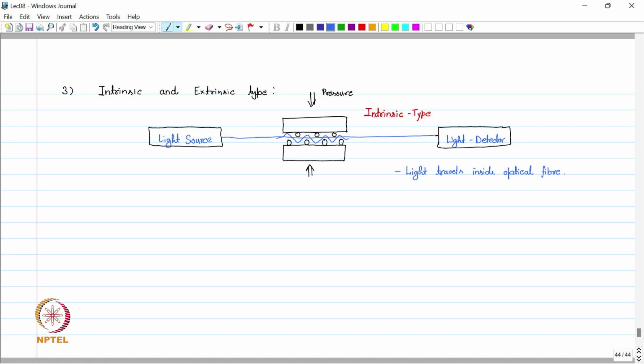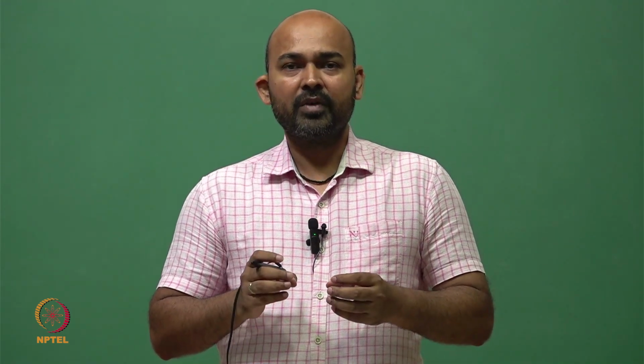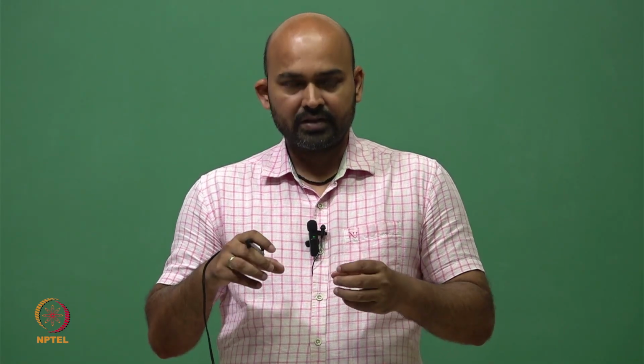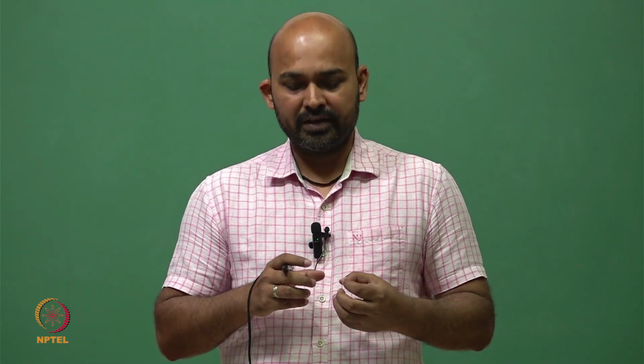The other type of sensor is the extrinsic type, where we cut this optical fiber and insert a special measurement zone, and that measurement zone actually modulates the property of light.